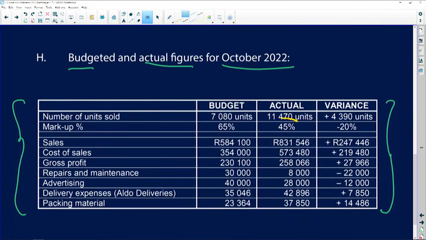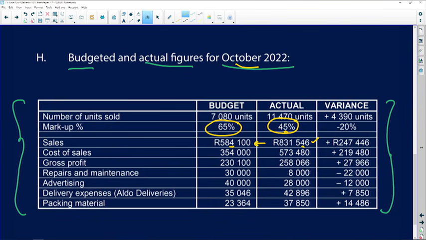So our markup, right, for the month of October, 45% actual, budgeted was 65%, right? So let's start with markup. Is there a need to be concerned? So as you can see, despite having a lower markup, her sales were much higher than what she budgeted for. Remember, that's your budgeted sales, and this obviously is your actual sales.